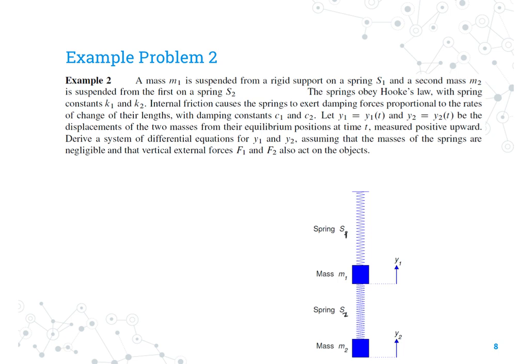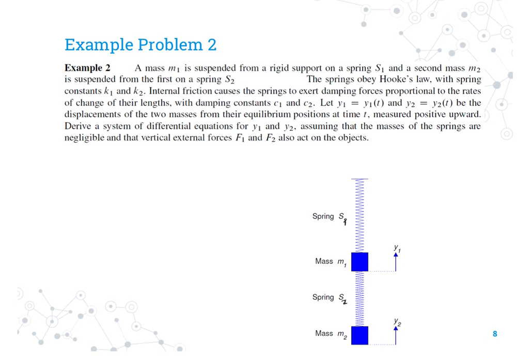So the springs obey Hooke's law with spring constants K1 and K2. The internal friction causes the springs to exert damping forces proportional to the rates of change of their lengths, with damping constants C1 and C2. Let Y1 equal Y1 of t and Y2 be Y2 of t. They're both functions of time.